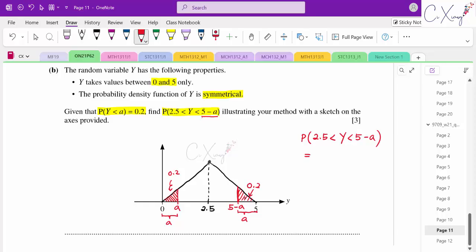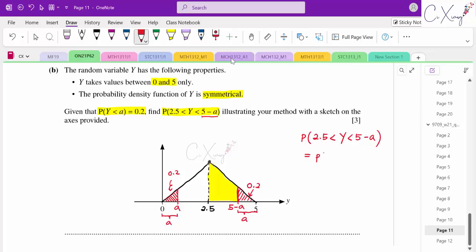Then what else do I need? Let me look at my diagram here. We are interested in finding the area from 2.5 until 5 minus a. So I'm interested in the highlighted area here, between 2.5 and 5 minus a. Now my question is, how can I find this area?